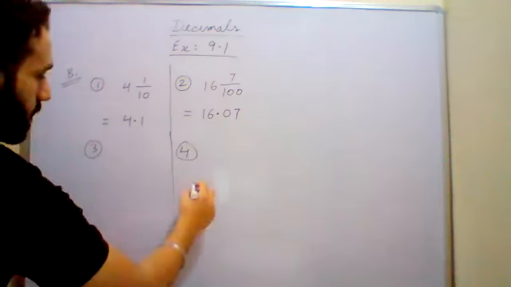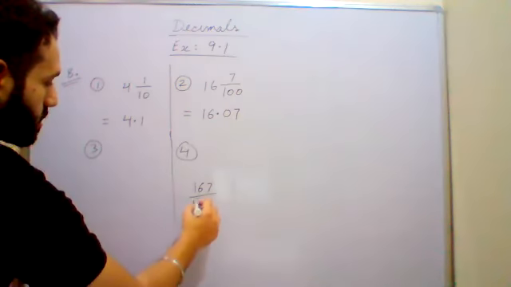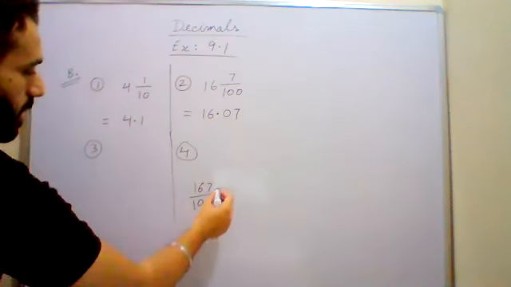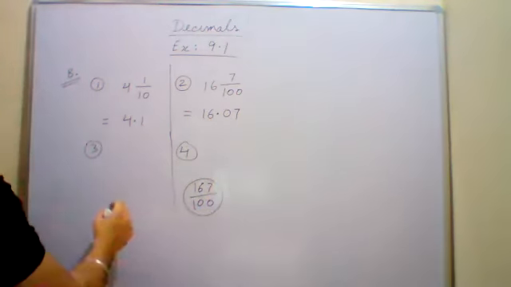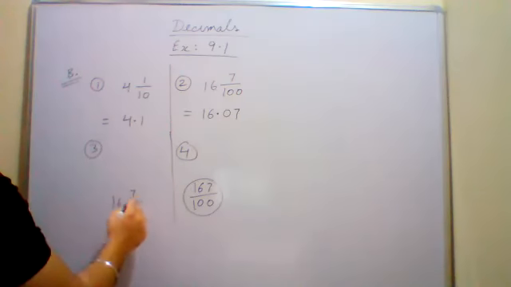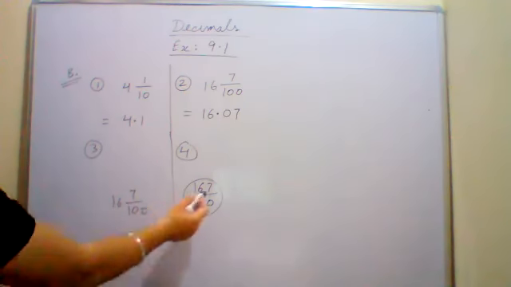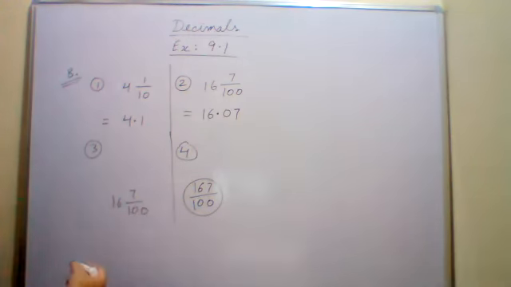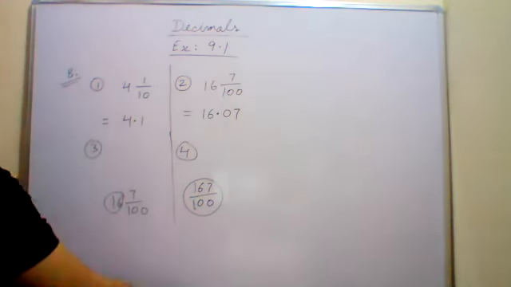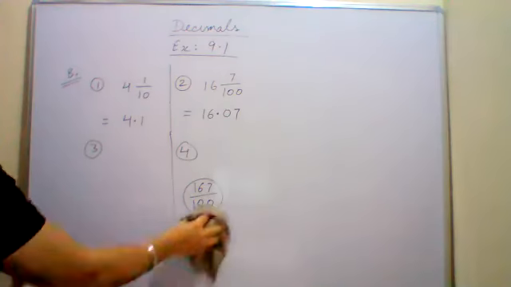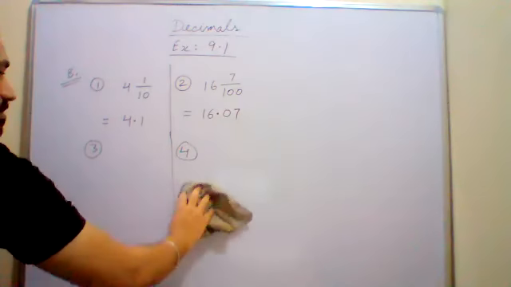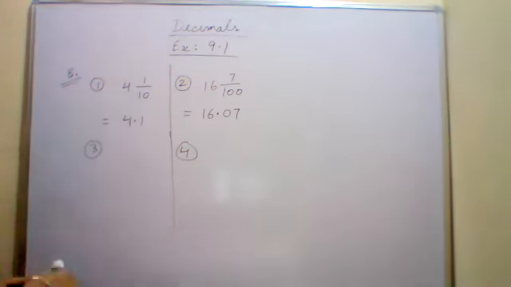The number is not 167 upon 100. This is different. And 16 whole 7 upon 100 is something else. These are two different numbers. So 16 is the whole number and you have to write it separately. Now do the third and fourth part.